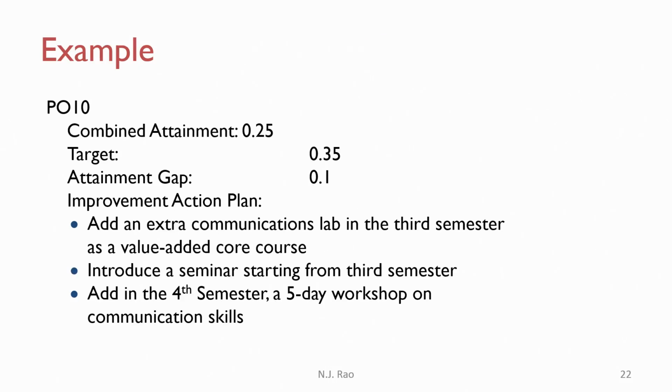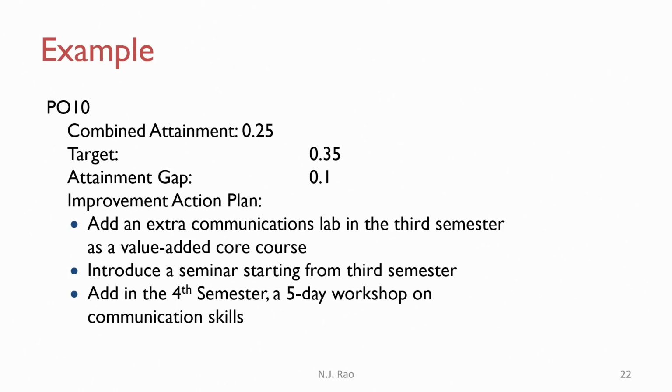Let us look at an example. Consider PO10, which is addressed by the sample course. The combined attainment is 0.25, the target is 0.35, and the attainment gap is 0.1.